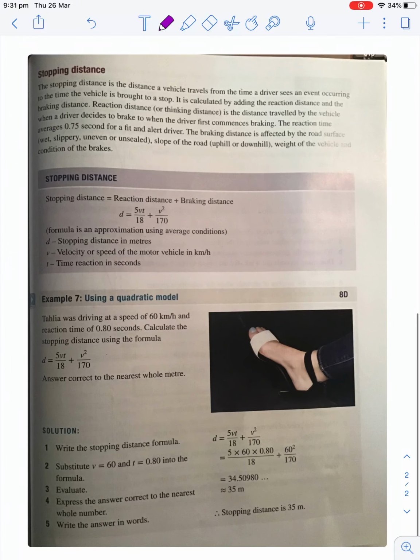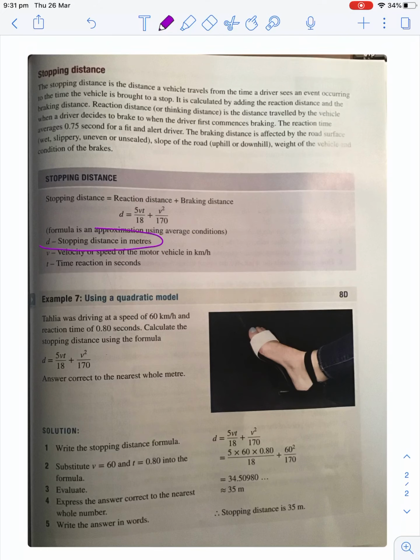So we're dealing with some stopping distances here. When cars are stopping very quickly, the distance that the car travels when you suddenly realize that you have to brake is found using this equation here, where you've got a few different letters.